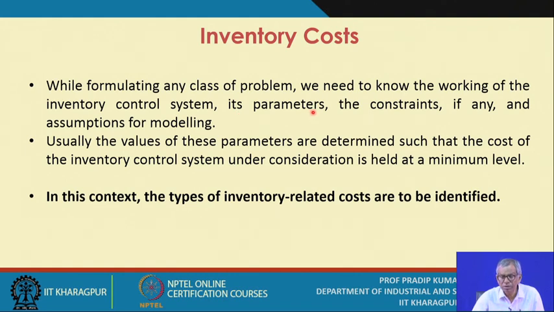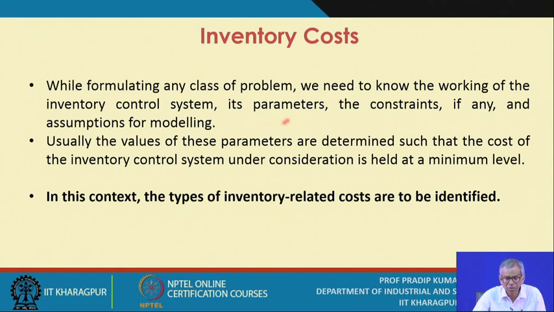Its parameters, the constraints, if any, and assumptions for modeling. These are the issues. Please note them down, and later on when you go for modeling, you will be referring to different kinds of parameters, different kinds of control systems, different kinds of constraints, etc. Usually the values of these parameters are determined such that the cost of the inventory control system under consideration is held at a minimum level.